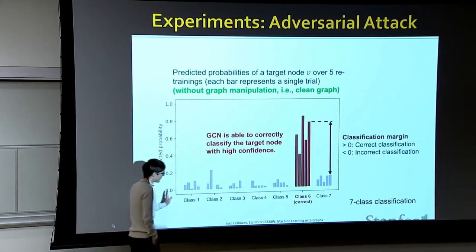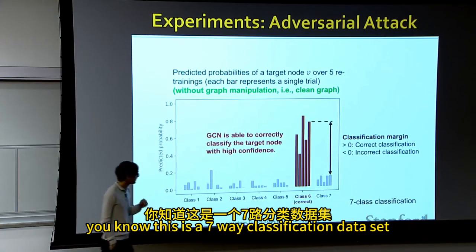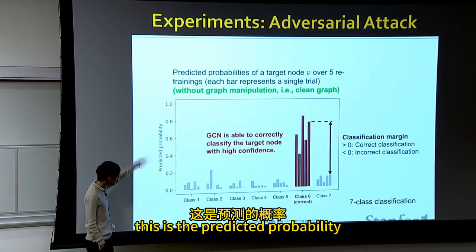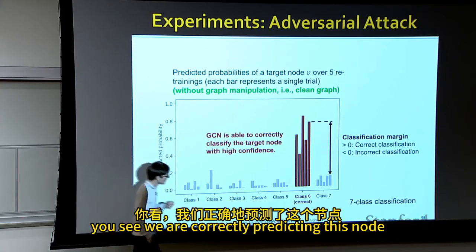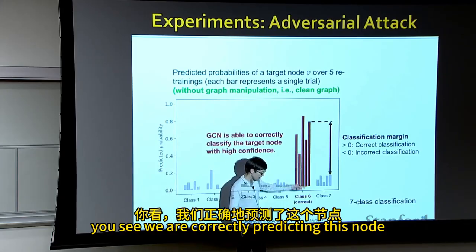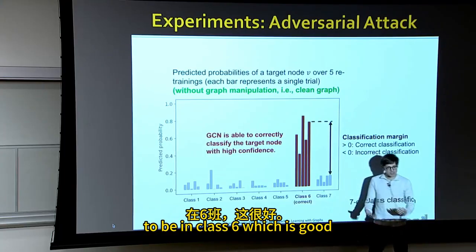This is a 7-way classification data set. This is the predicted probability for that given target node to belong to a given class. You see we are correctly predicting this node to be in class 6, which is good.